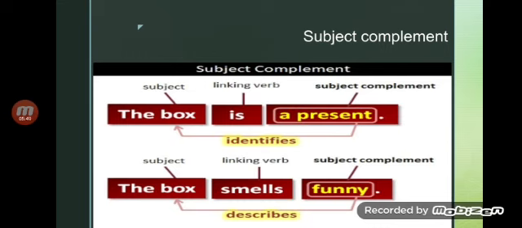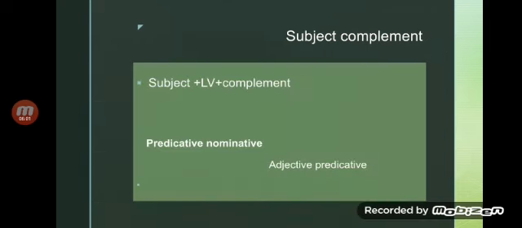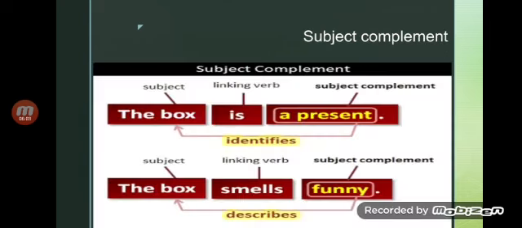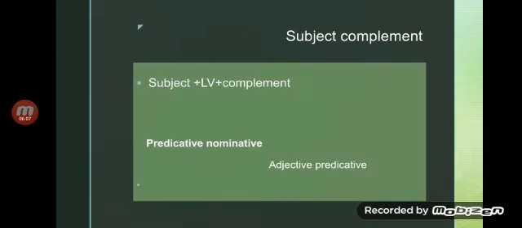Can you see that the box in the first example and the box in the second example are connected by the linking verb? So let's see what the linking verbs are. What is the formula and structure of that sentence? The subject, then a linking verb, and then a complement.